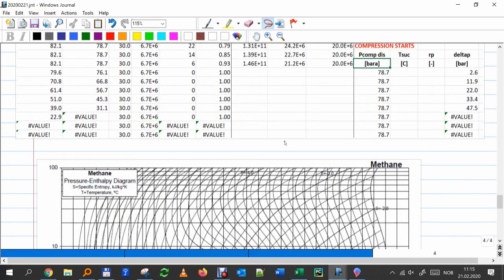Let's take a year, because we want something exciting, right? Let's take year 3, for example, of compression. P1, how much is the P inlet at that particular year?